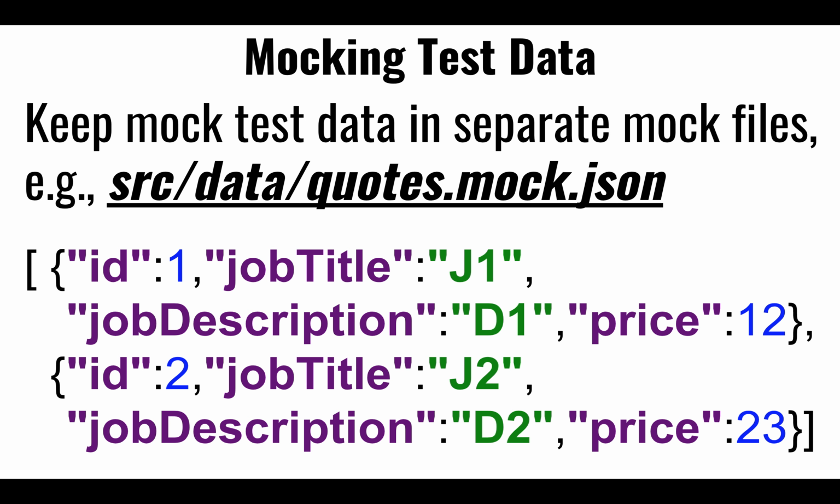Typically, whatever data you might be using to mock, to put the component in a particular state, it's a good idea to have a separate file that you can edit, maybe with a JSON editor, so that you know exactly the data that you're expecting. This is typically data that you would be fetching from a remote server, from a remote service. Again, we're going to mock that. So instead of going out to some remote service, we have it locally for our tests, and you would put it perhaps in a known location, such as source data.